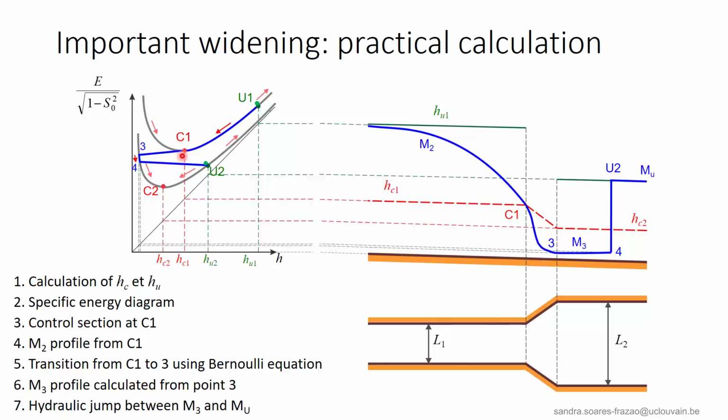From this control section, we can calculate the M2 profile in the upstream direction, like this, and the flow in the transition using the Bernoulli equation to find point 3, because we know all the conditions at point C1. Then, from point 3, we can calculate the supercritical profile M3, and finally the position of the hydraulic jump between this M3 profile and the downstream controlled MU profile.